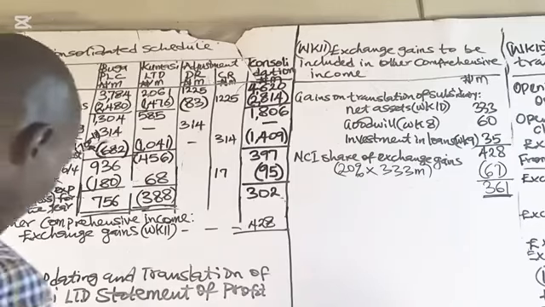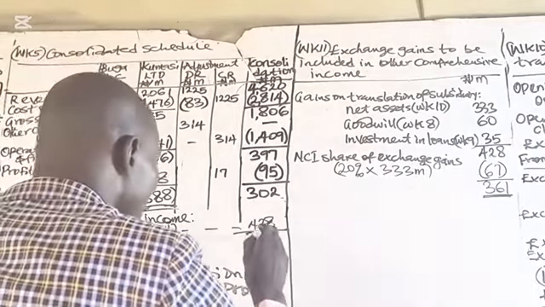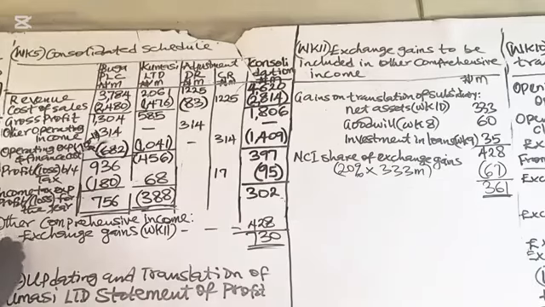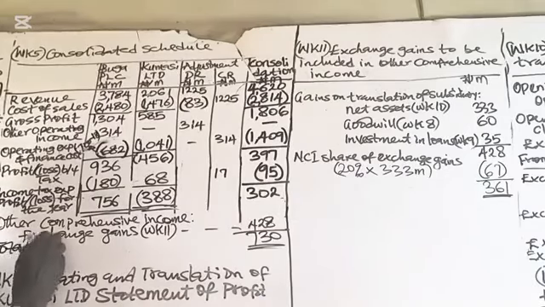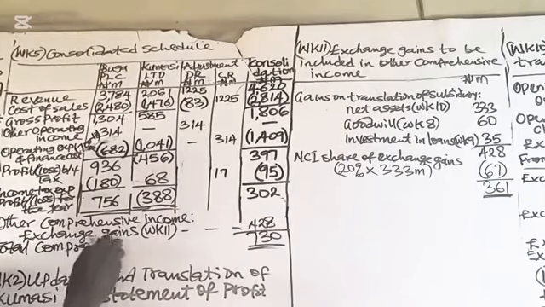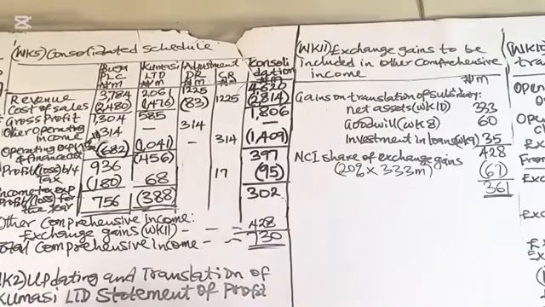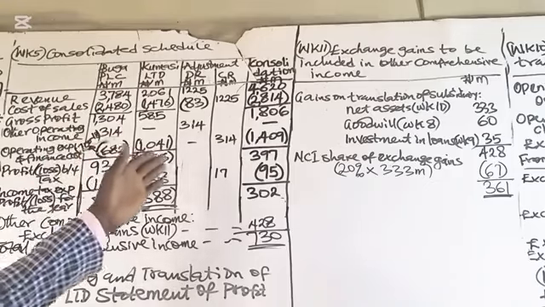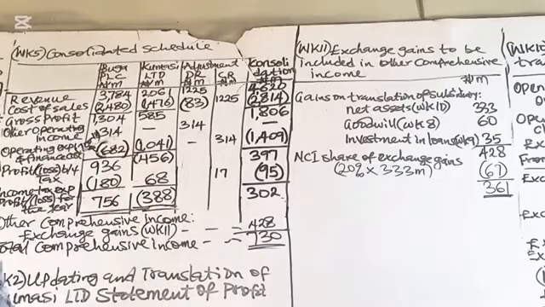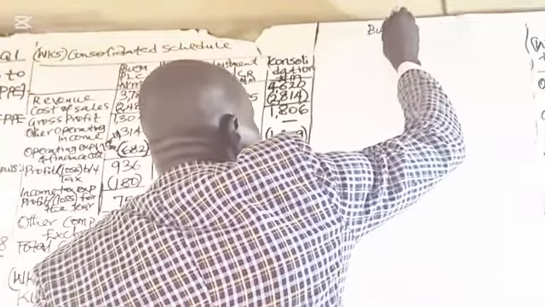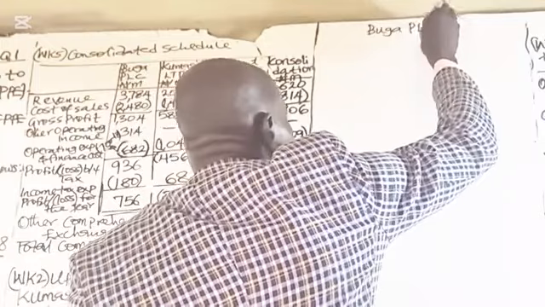Then we have 730 million. The 730 million is the total comprehensive income for the year. Now, after the consolidated schedule, we can now prepare the consolidated statement of profit or loss of Buga PLC Group.